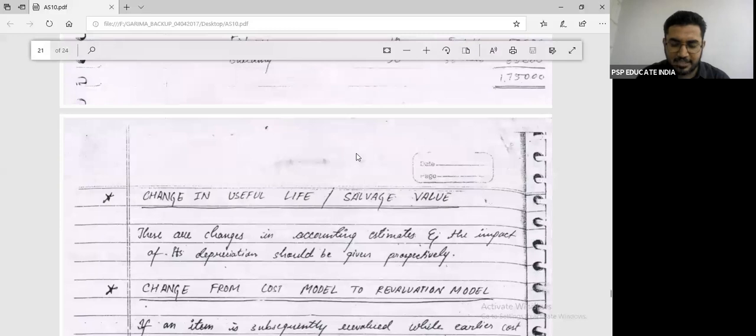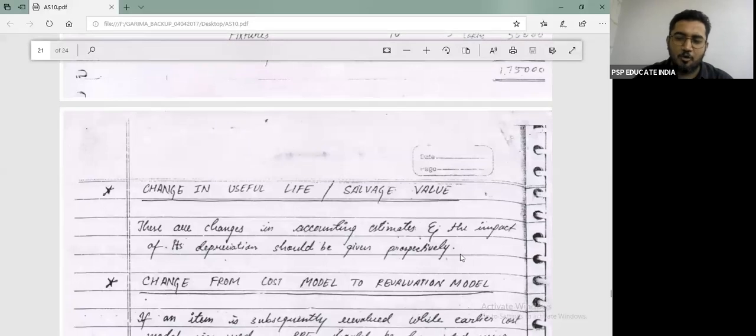Okay, everyone agrees, it is a change in accounting estimate. These are changes in accounting estimates, and the impact on depreciation should be given prospectively. I hope you remember any change in accounting estimate is affected prospectively.